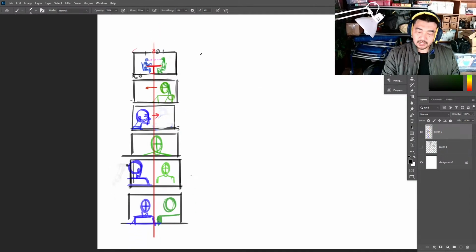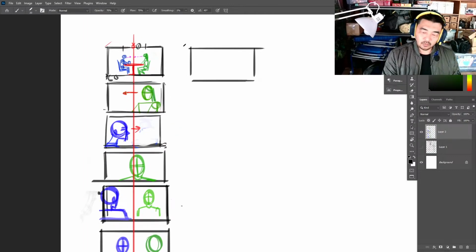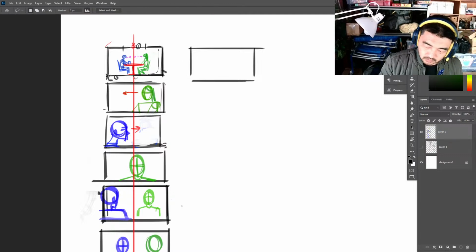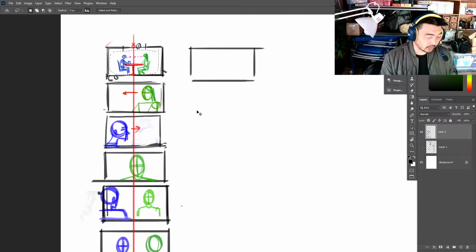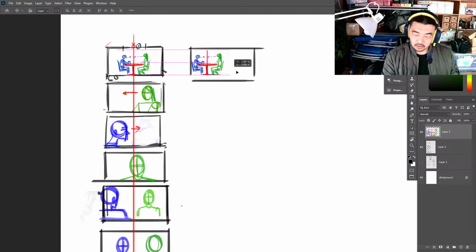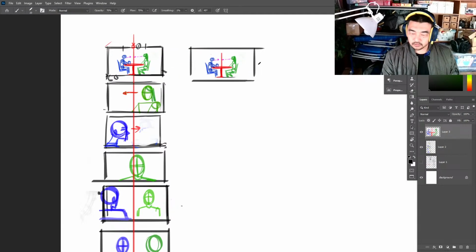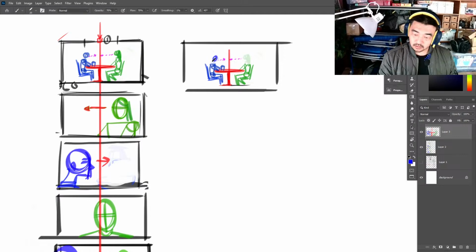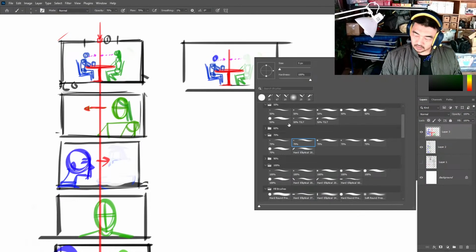But let's say one way is, let's say you hear a door open from behind them. One way is to cut to a wide. You cut to the wide shot, like this.